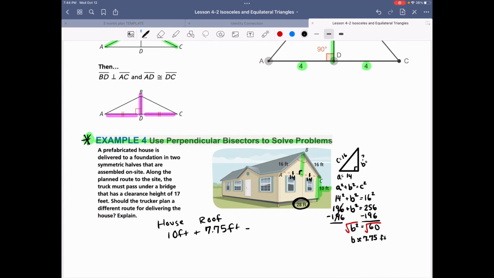If I add those together, I'm getting 17.75 feet. The truck needs to find another route.